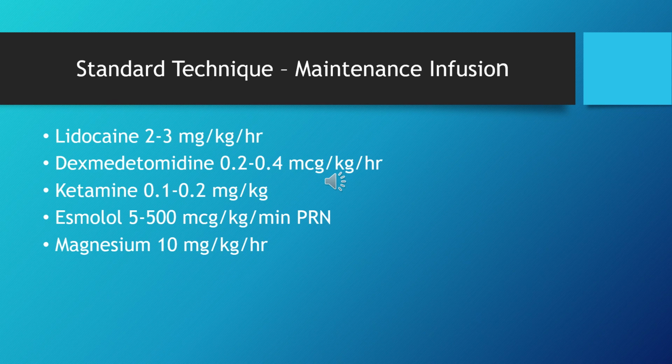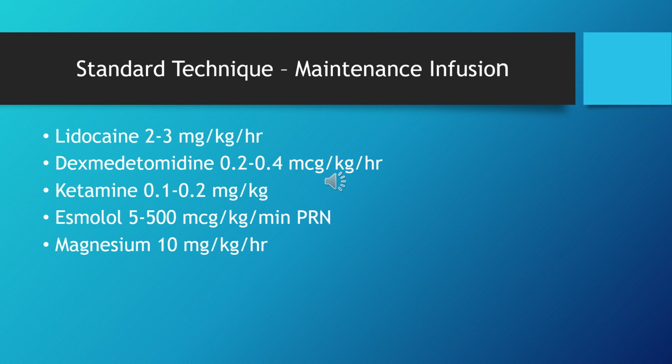If the case is going to be longer and the decision is made to run infusions, these are the dosage rates. The 3 major medications are dexmedetomidine, ketamine, and lidocaine. Magnesium can be added as well, but unless the case is significantly long, there is not a lot of evidence to suggest an infusion has much benefit after the loading dose.